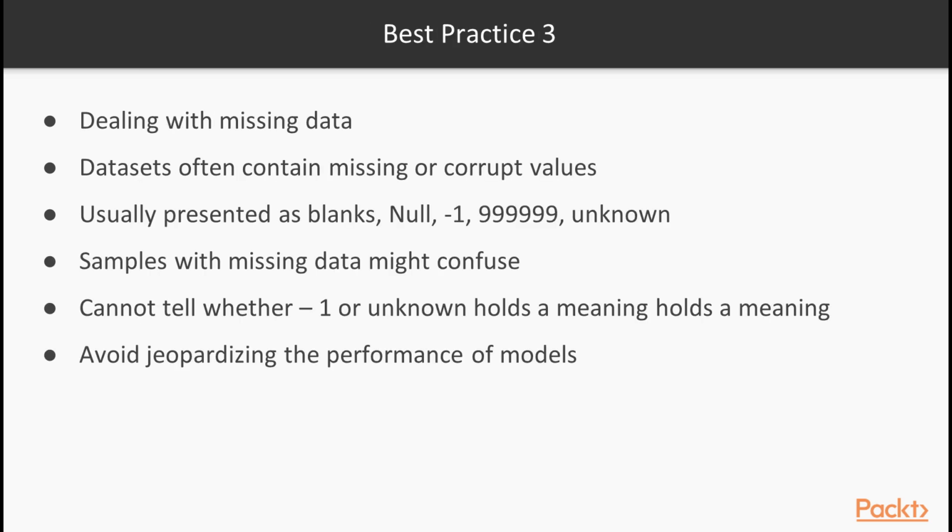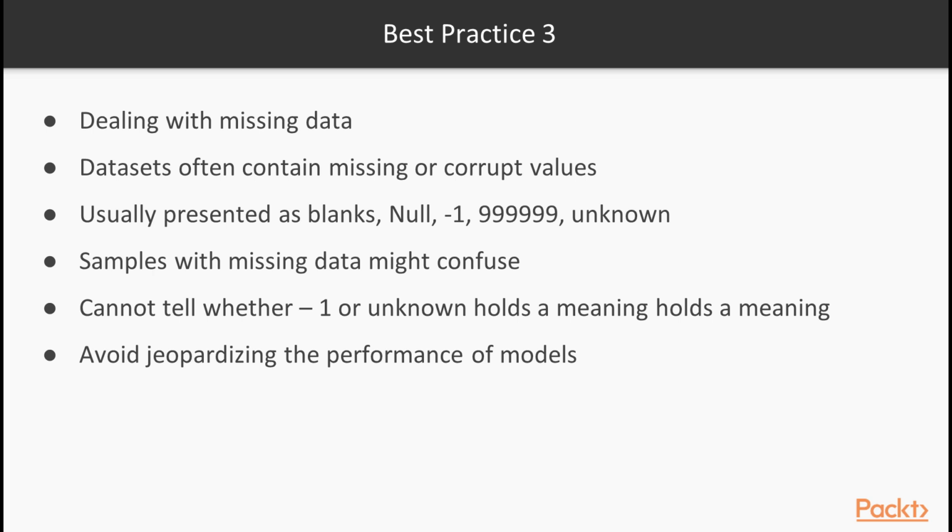So due to various reasons, datasets in the real world are rarely completely clean and often contain missing or corrupt values. They are usually presented as blanks, null, -1, 999999, unknown, or any placeholder.